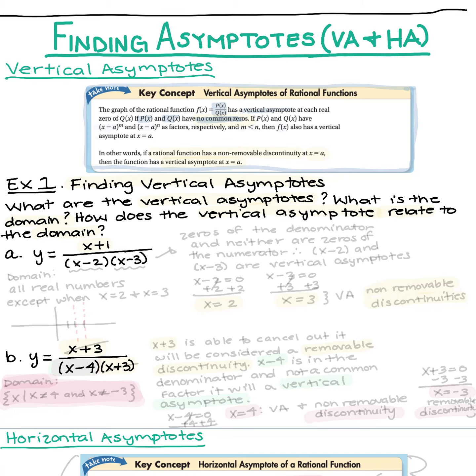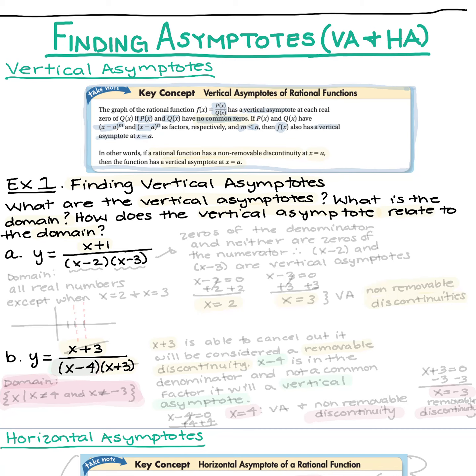Every single time it's not a common zero, then you can go ahead and think of it as a vertical asymptote. Now, if you do have a factor, right, so x minus a and x minus a, now one thing that is different in these is the exponent. Then that's going to be m is less than n. Then the function f of x has a vertical asymptote where x equals a.